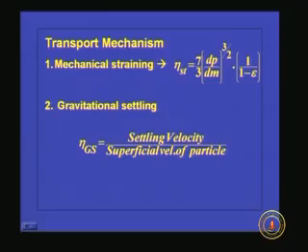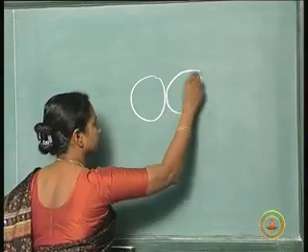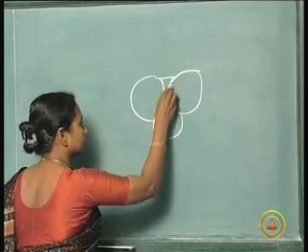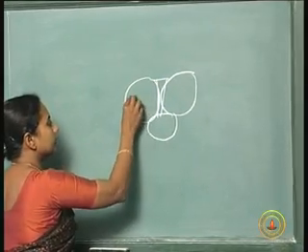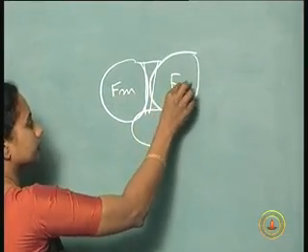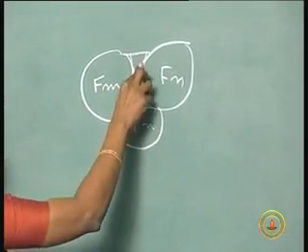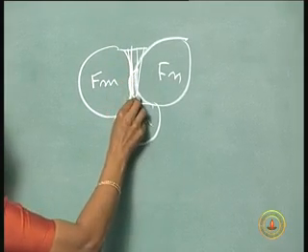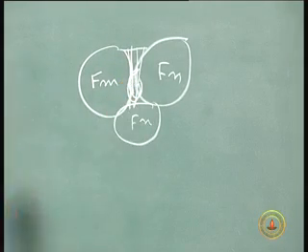This pore size in between these particles, I will just draw it on the blackboard. So, these are the filter media. The particles are here. So, here you can see there is a space. The particle can go through this space.